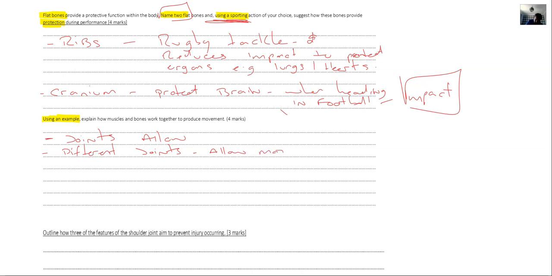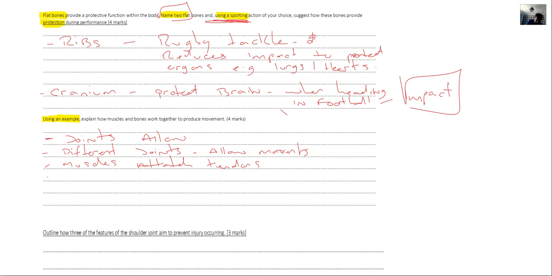I'm not going to go into too much detail in terms of that because we can do that in our example in terms of our movements. Okay, I spelled movements wrong there, but it doesn't matter. So you're then going to go on to the fact that muscles attach to bone. Okay, how do they attach to bone? Muscles attach via tendons.